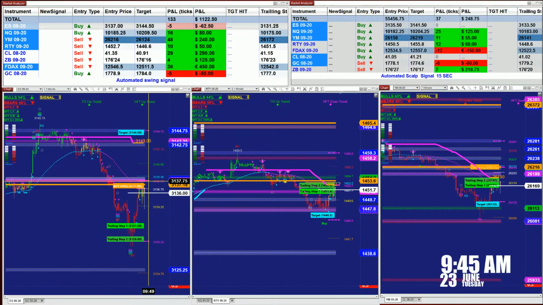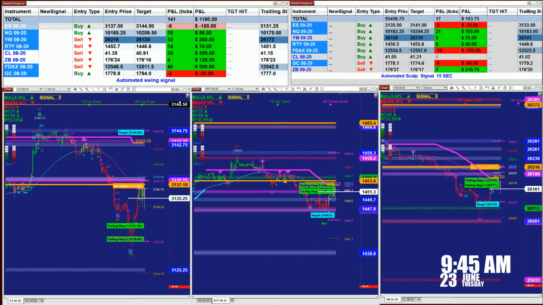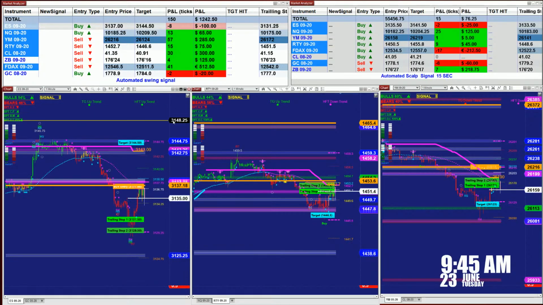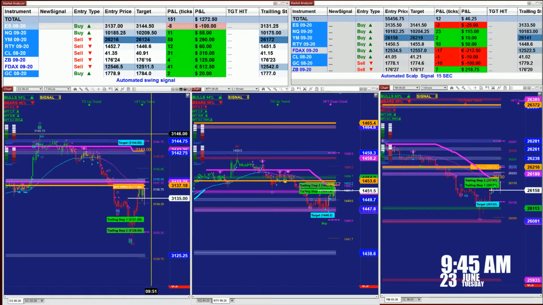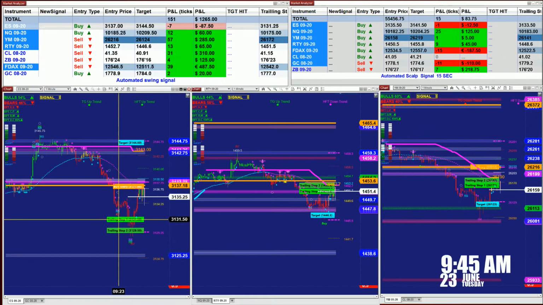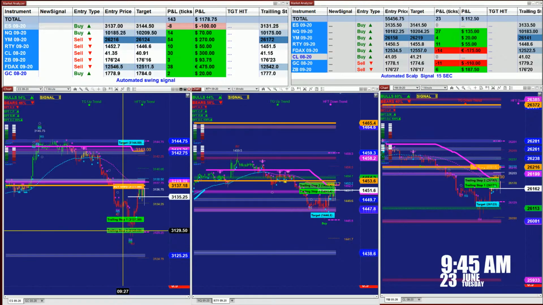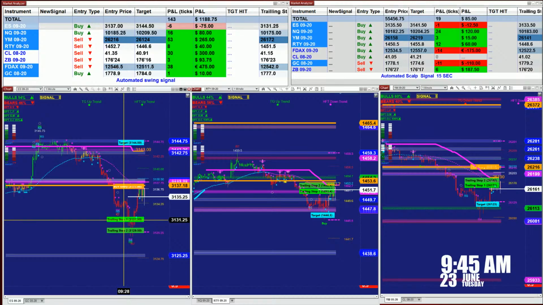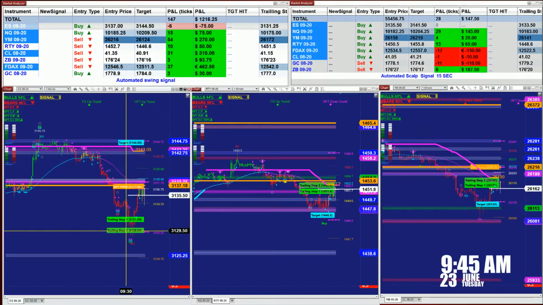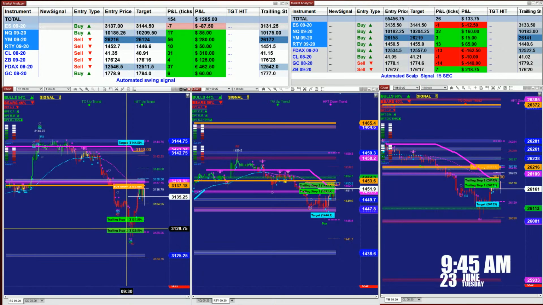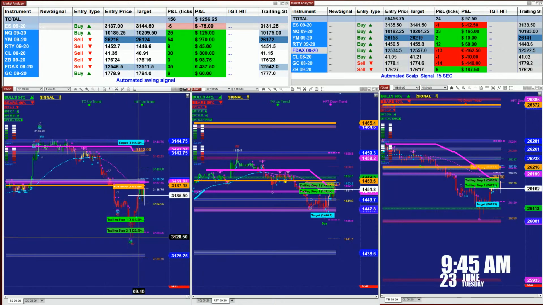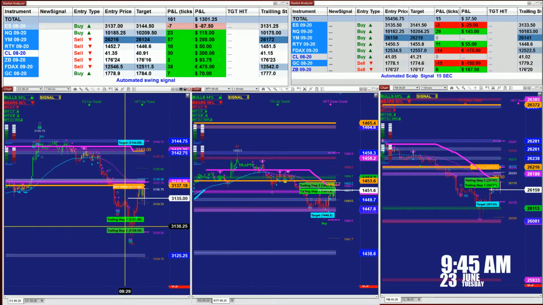As long as this ES is not breaking 31.3775, this is going to cause a problem, and it will probably go down to the trailing stop, which is 31.50. This is a minor floor and fibs, and this one here is 31.2950. This is a major floor and fibs, and our trailing stops are based on the floor and fibs. So this is very straightforward.